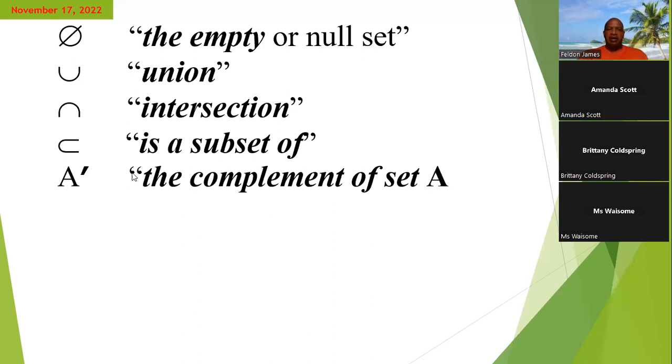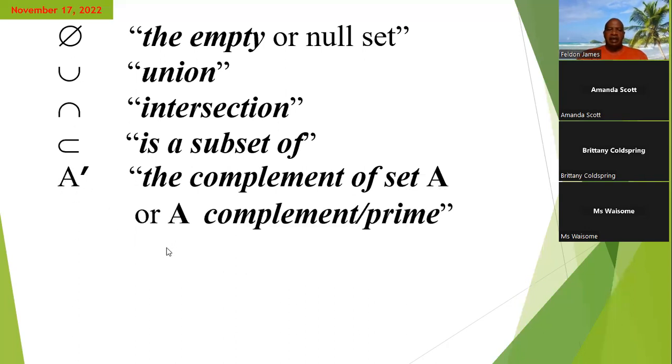Now, why this is called complement, if you notice it's spelled with an E, is that the complement of set A together with A completes the universal set. So all the members outside of A together with the members inside of A complete the universal set. Hence the reason we call outside A the complement.